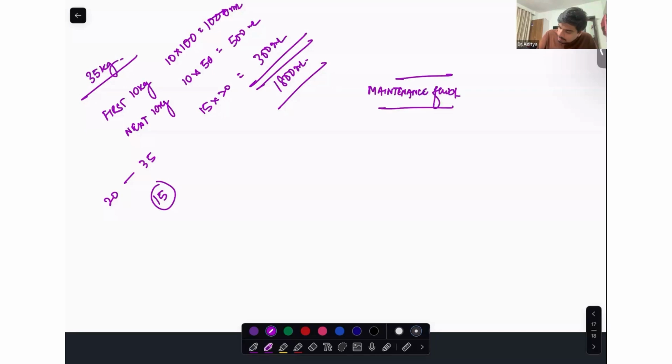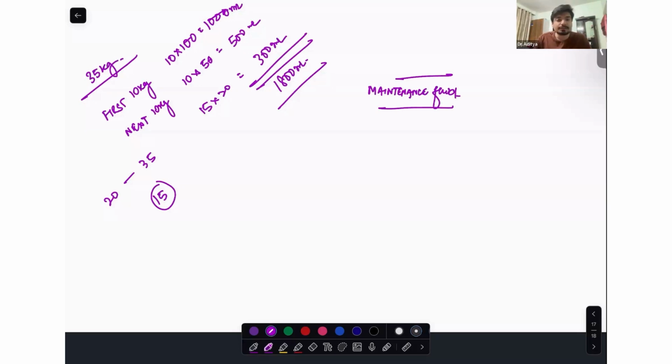All right, it's going to be 1500 ml. Someone asked me, how is it 15 into 20? Beyond 20 kg, I told you, after 20 kg, it is 20 ml per kg.